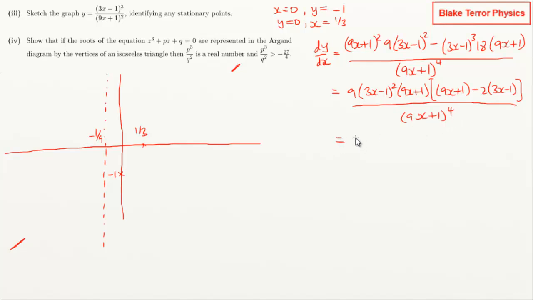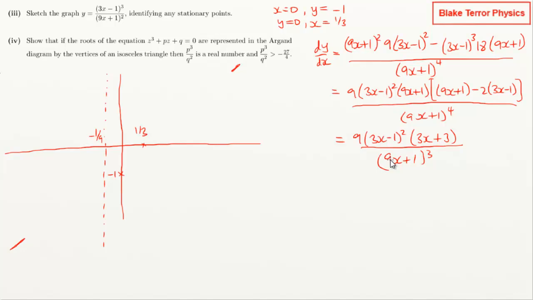So that is 9, I can get rid of that (9x+1) top and bottom as well. So (3x-1)^2. Then what have I got here? 9x minus 6x, so 3x. And then a 1 plus a 2, so a 3, over (9x+1)^3.